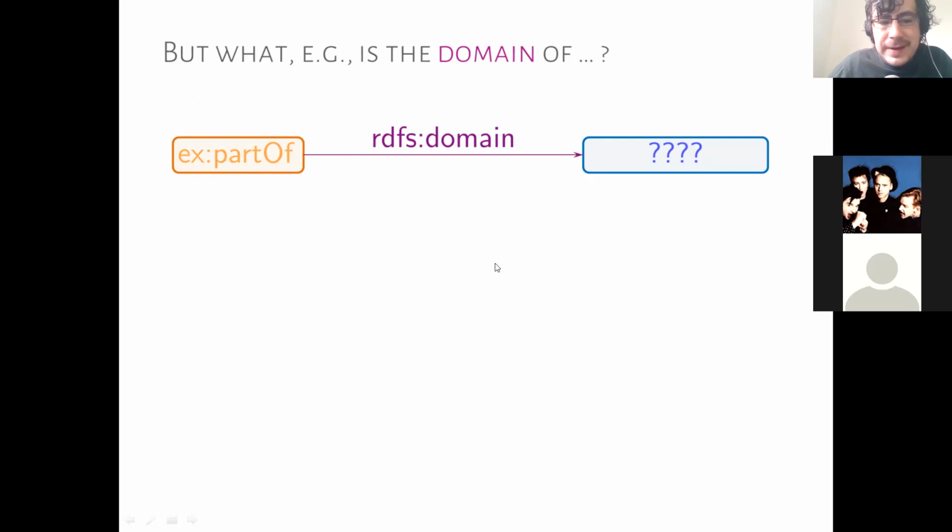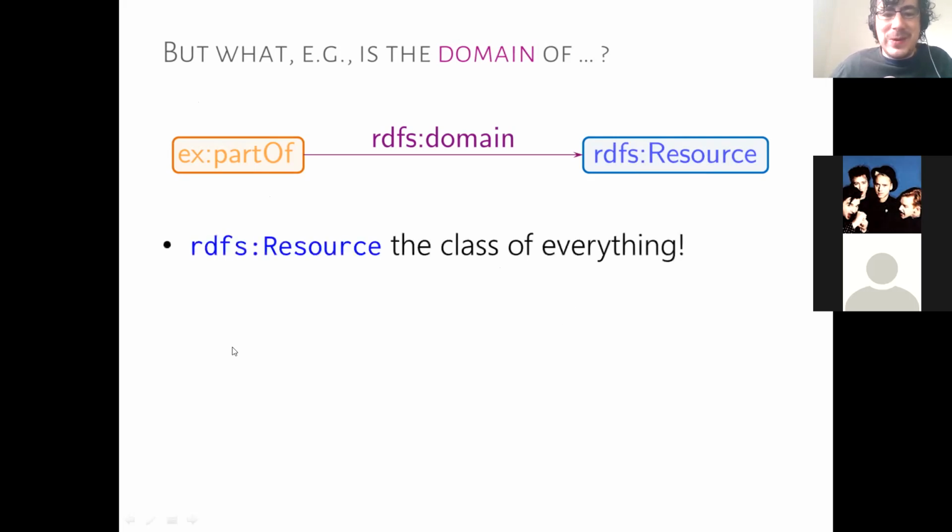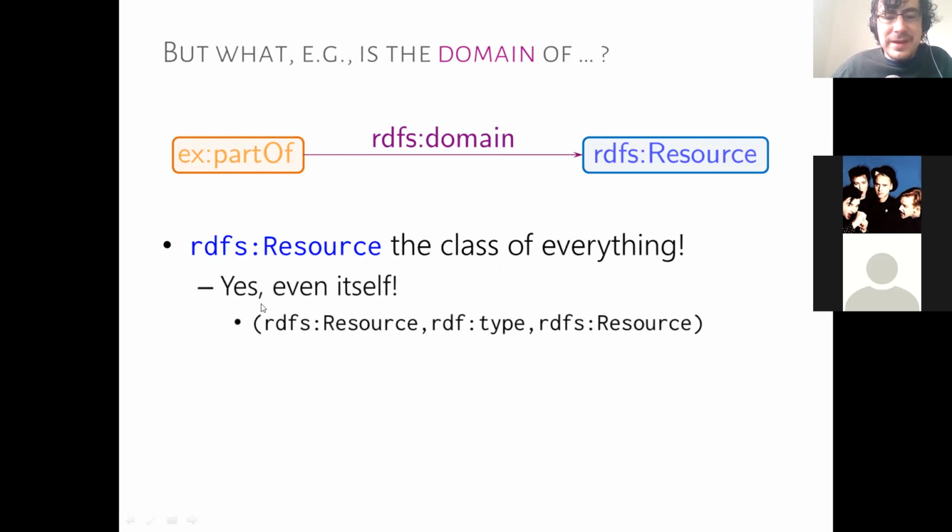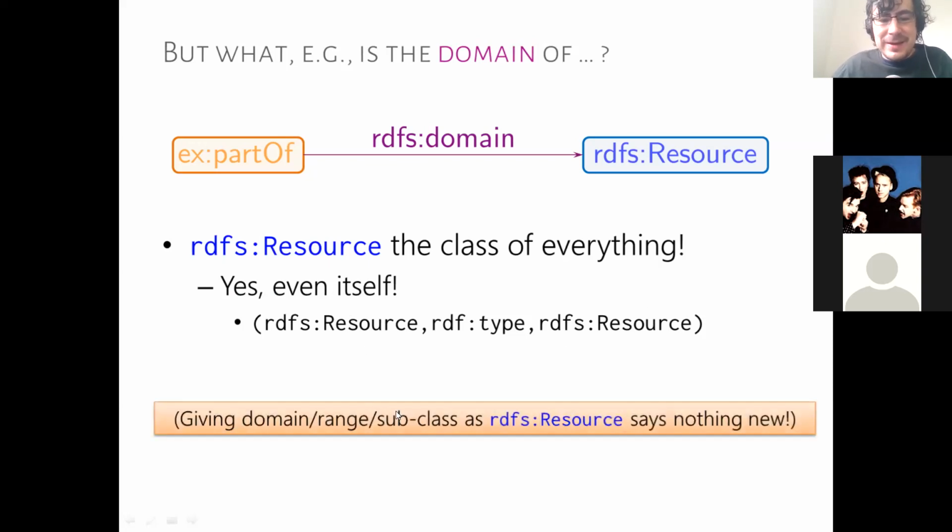So in RDFS, we have a class called rdfs:Resource. It's the class that contains everything, with RDF meaning resource description framework. It's basically anything we can describe in RDF. So rdfs:Resource is the class of everything. And when I say everything, I really mean everything. It's even, in itself, a resource; the class Resource is a resource.